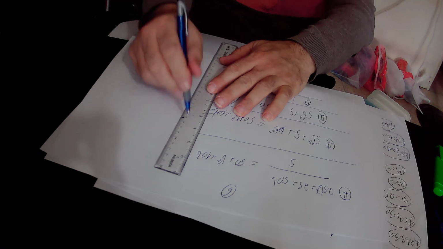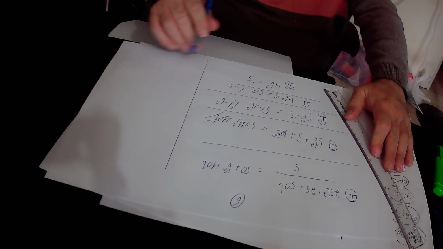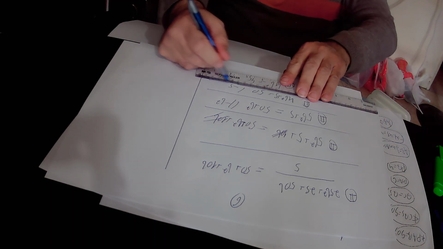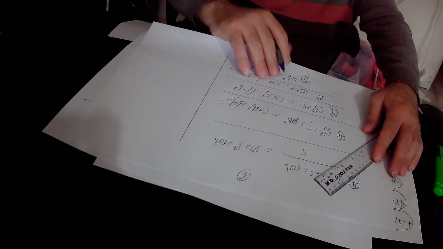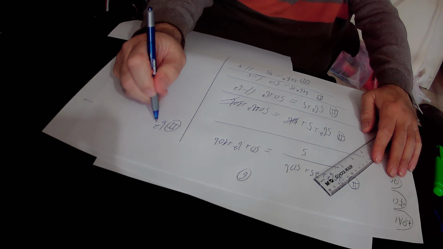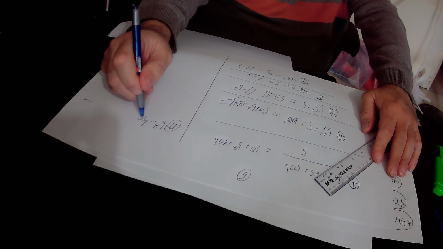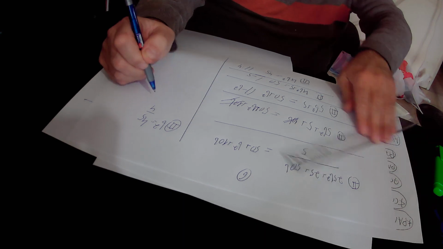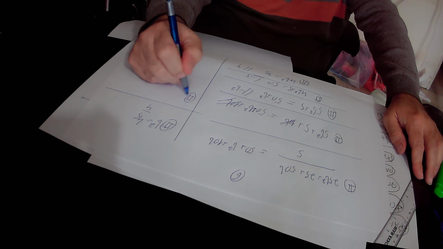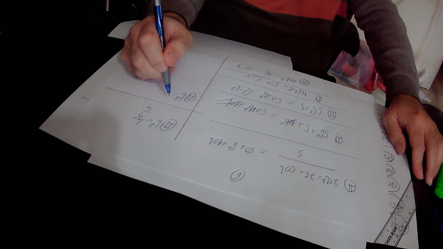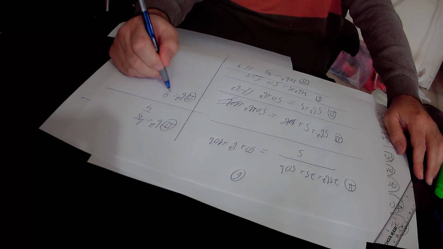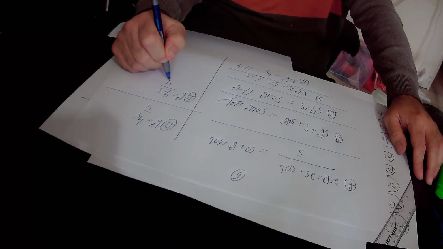Here we will divide equation number 2 by 4, and we get that b squared equals 45 over 4. So b squared equals 45 over 4, and 45 is 9 times 5, so we substitute 45 by 9 times 5 over 4.